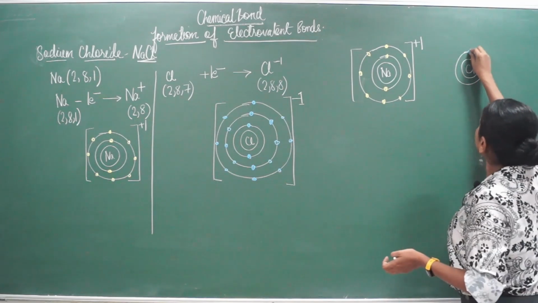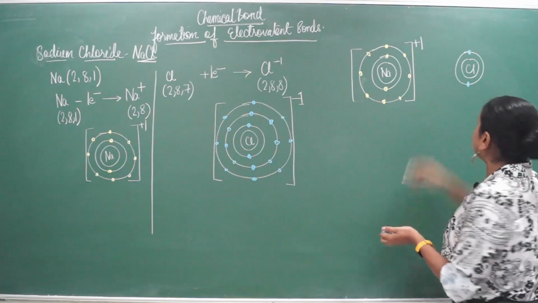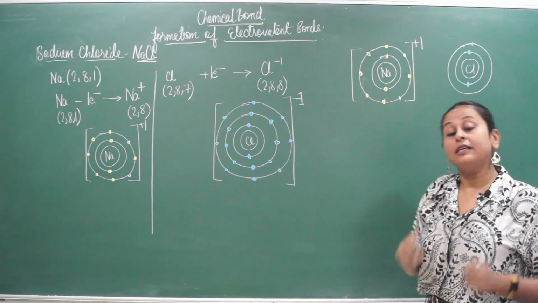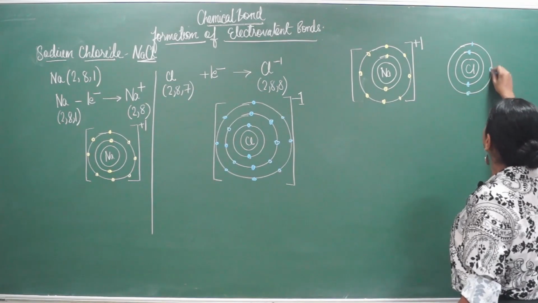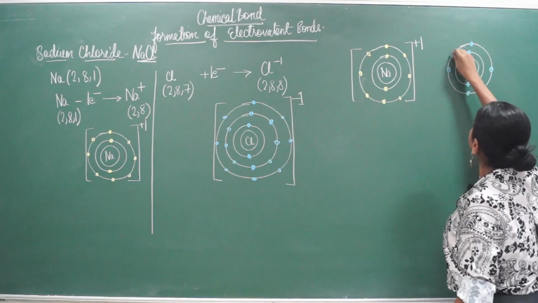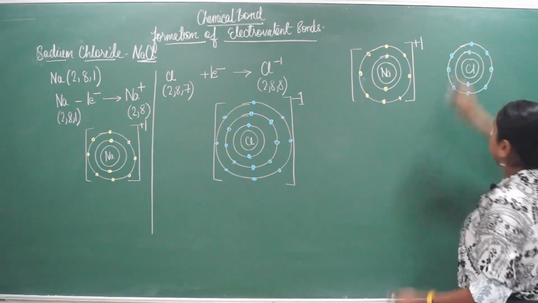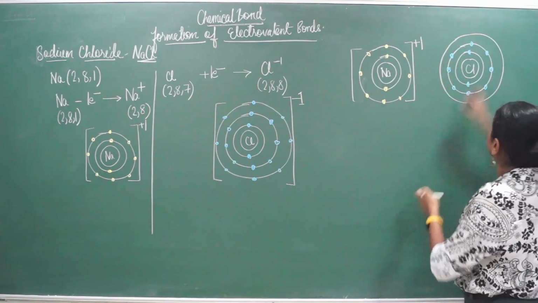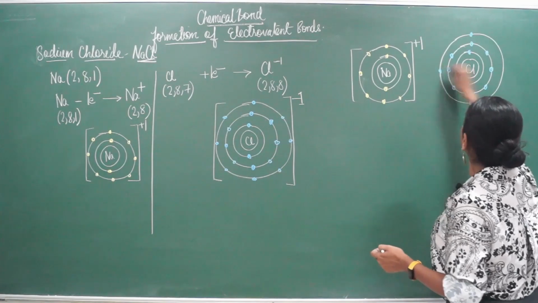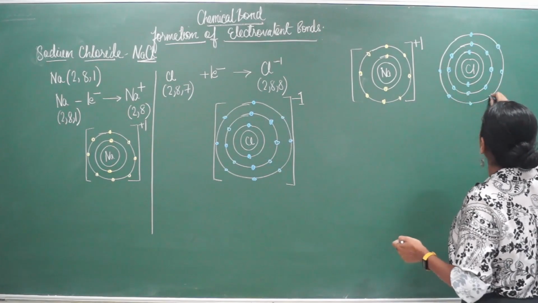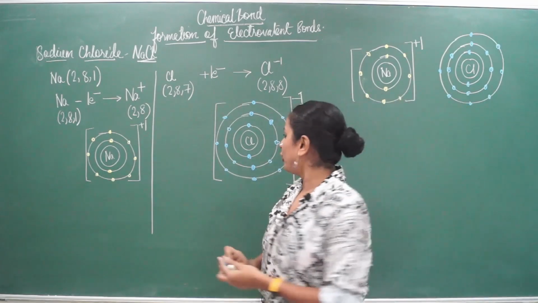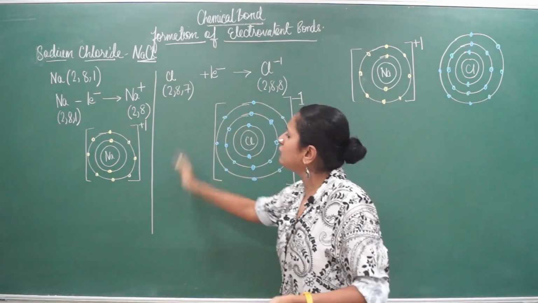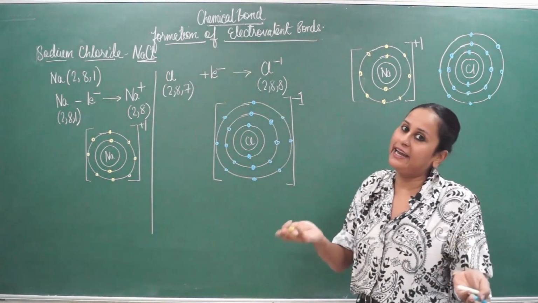And what about my chlorine? Chlorine has 2 electrons in its first shell, 8 electrons in its second shell, and now I have only drawn 7 electrons. Here I had shown you 8 electrons, but we are assuming that the electron lost by sodium is the same electron gained by chlorine.